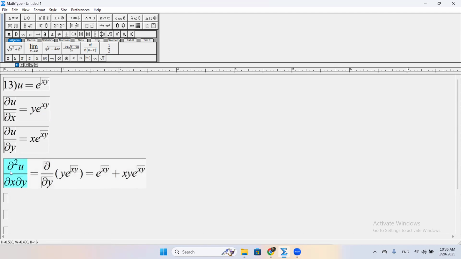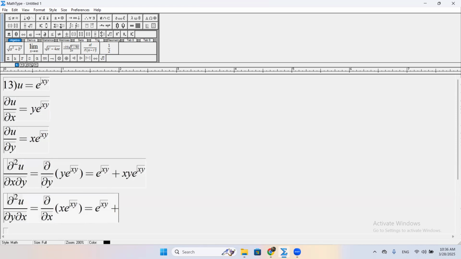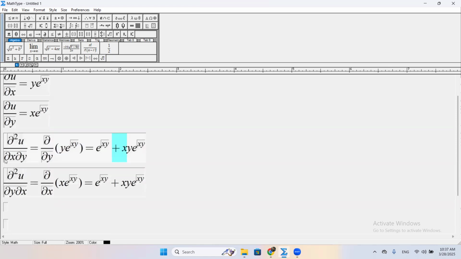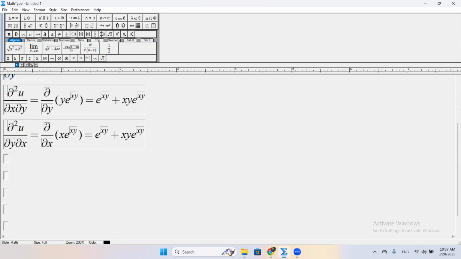Now let's calculate the second mixed derivative in the other order. So dy dx. So differentiating this expression, e to the power of xy plus xy e to the power of xy. So these derivatives are equal, so it means that first derivatives are calculated correctly.